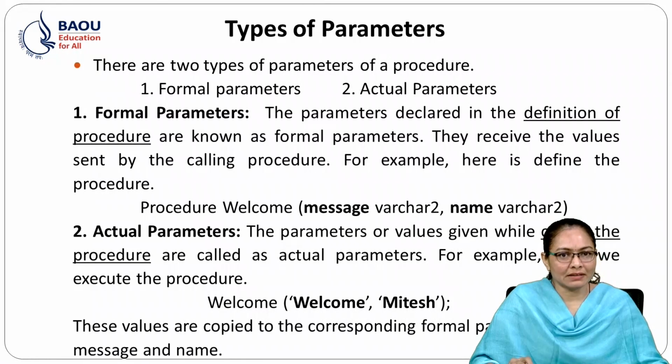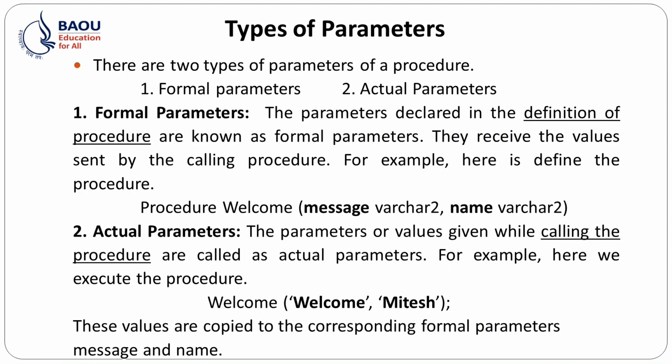Now the next is the actual parameter. The parameters or the values given while calling the procedure are called actual parameters. For example, here we execute the procedure welcome and then the parameter values. The actual parameter is used when we call the procedure. Here it is the definition part, defining the procedure, and here it is calling the procedure.